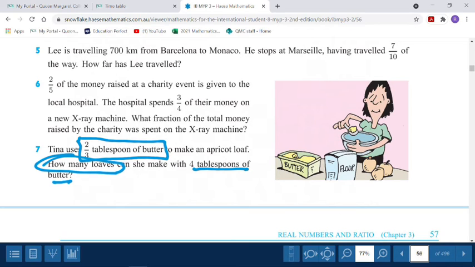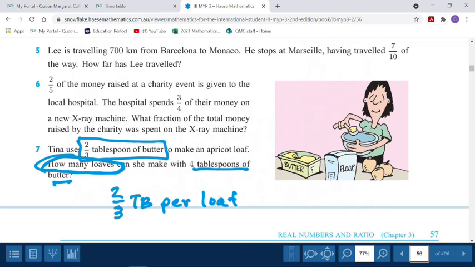And so this one, we have ourselves a division problem. Be careful, because even though it says butter and butter up there, our question is how many loaves, not how much butter. So you could also think of this as that it takes 2/3 tablespoons per loaf. Not 2/3 tablespoons per butter, right?